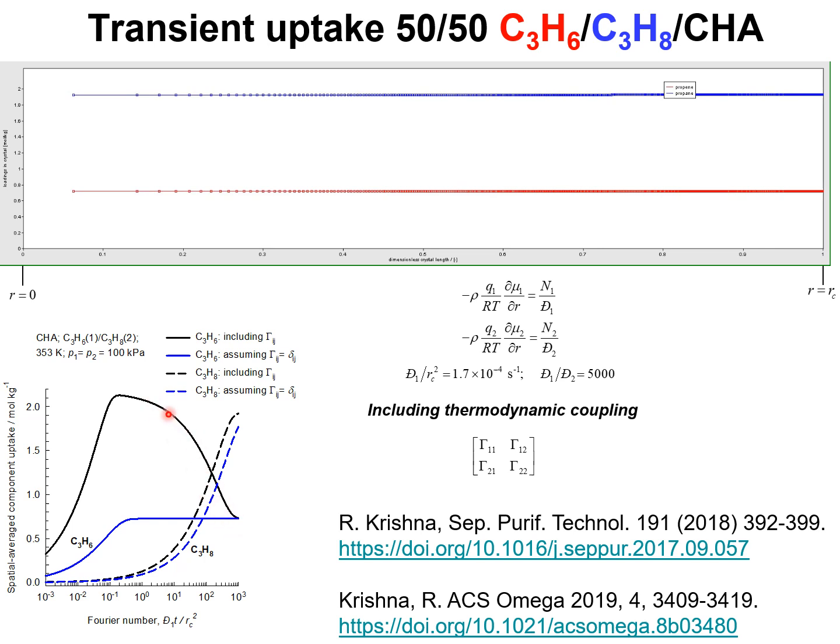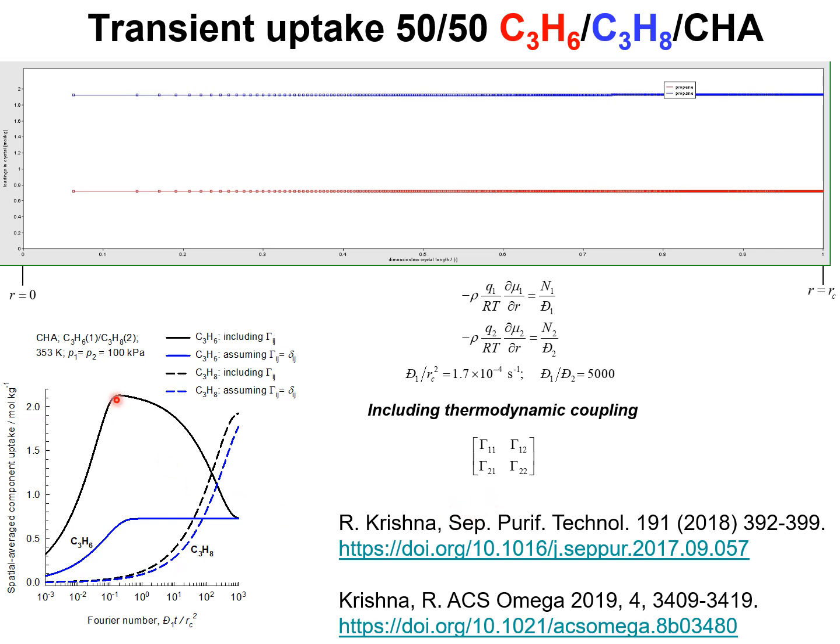In black are the simulations that include thermodynamic coupling effects, and the lines colored blue are simulations in which thermodynamic coupling effects are ignored, and the simulations are based on the assumption that the matrix of thermodynamic correction factors is the identity matrix.